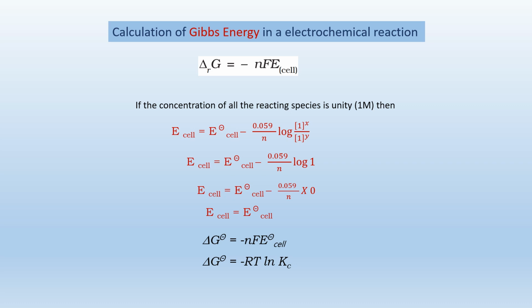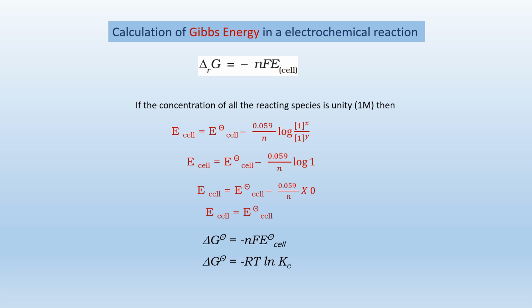Calculation of Gibbs free energy in an electrochemical reaction. Here also, to find the delta G value is difficult, because in general delta G is equal to delta H minus T delta S. That is, you should know four values. The H2 value, H1 value will give the delta H value. S2 value, S1 value will give the delta S value. So you should know four values.